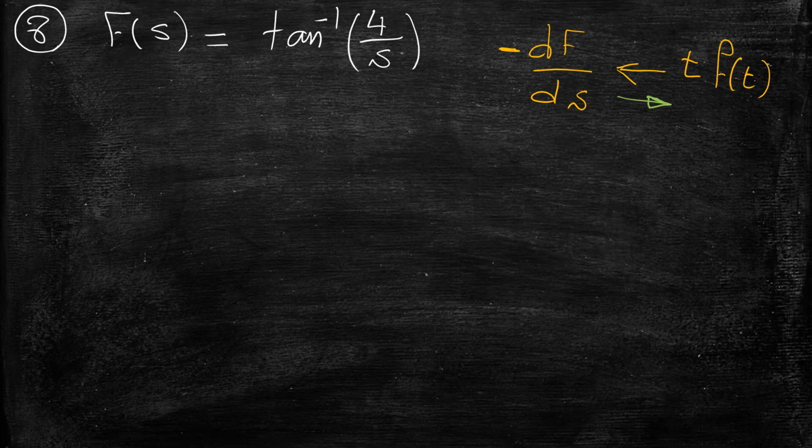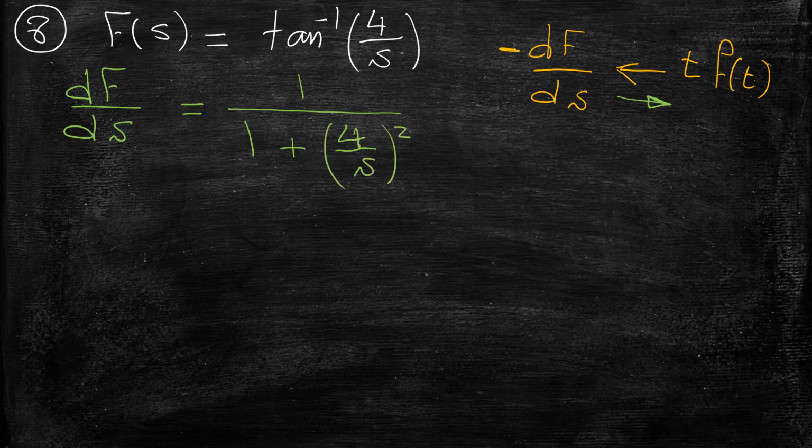So right now we are moving in the opposite way. What this means is that we can get this dF by dS, which is the derivative of this tan inverse. It will be 1 over 1 plus the term inside the tan inverse squared, so it will be 4 over s squared, multiplied by the derivative of the term inside the tan inverse, which is minus 4 over s squared.